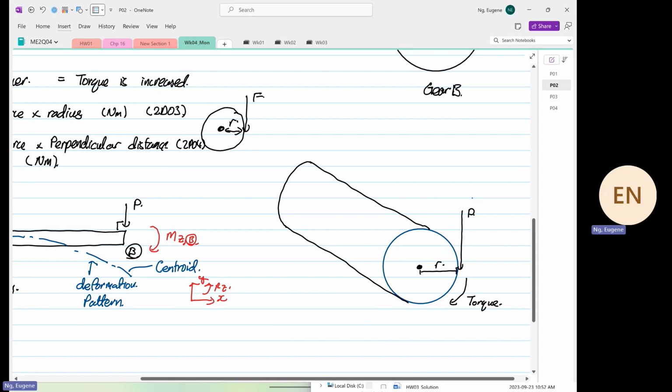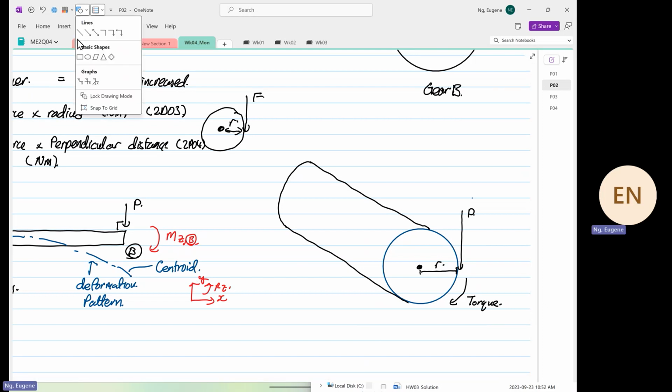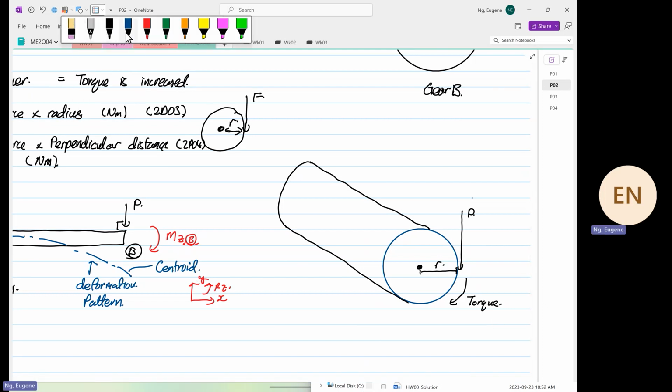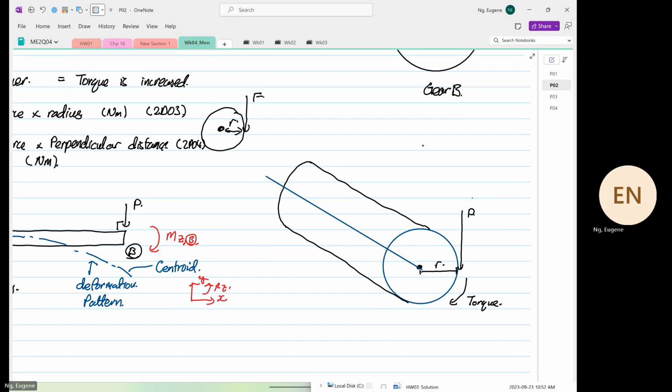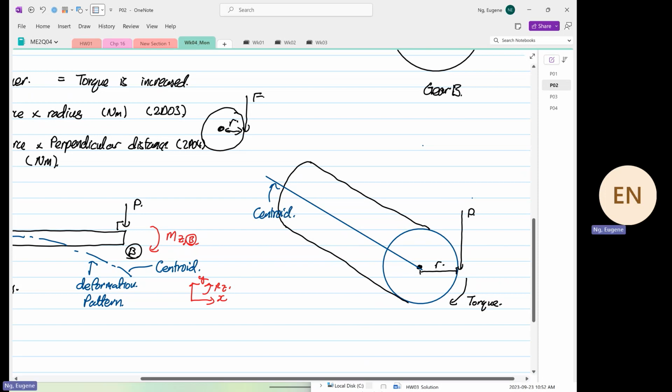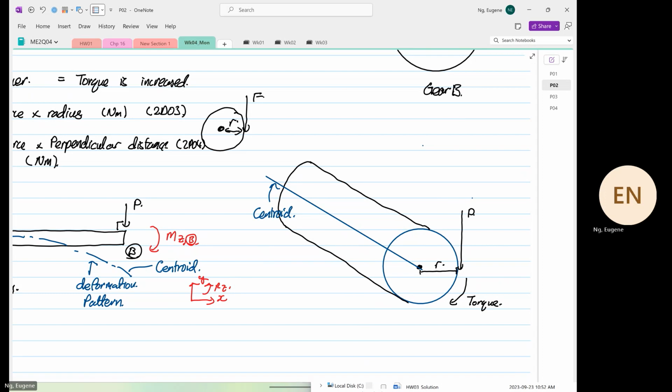Yes or no? Now, if we were to construct this, this is my centroid. Now, how will the centroid deform? Is it going to be a smiling face or a sad face?